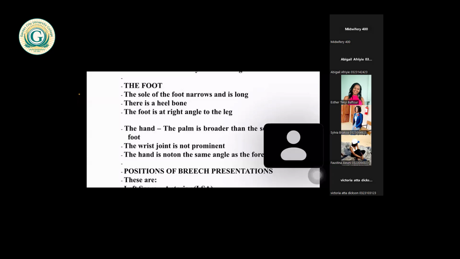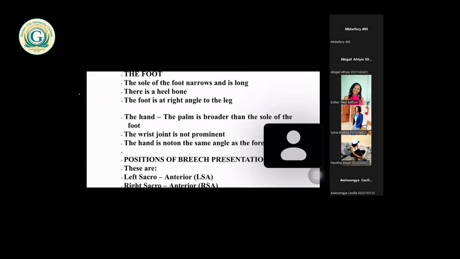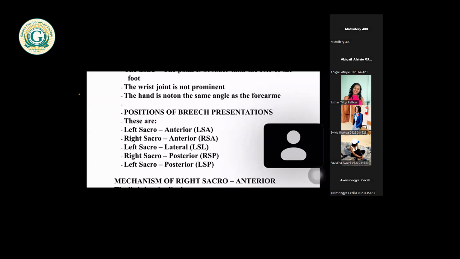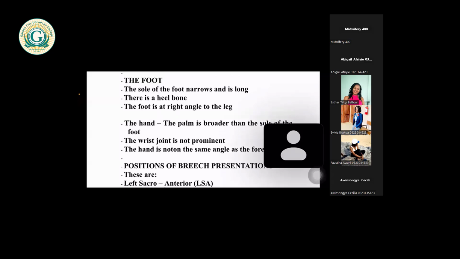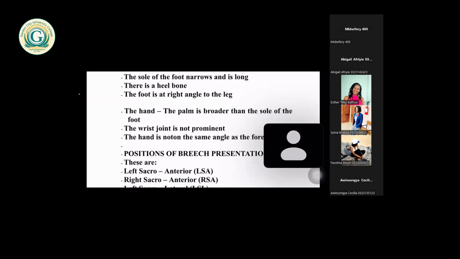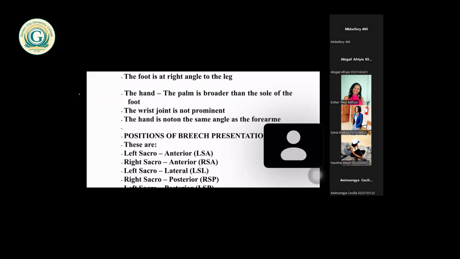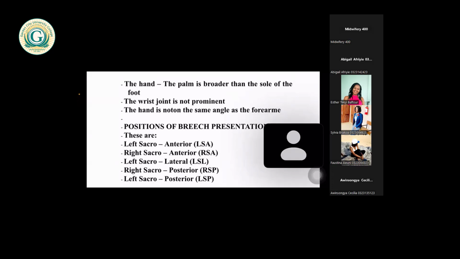It means the sacrum is pointing to the left side of the mother. Please, can you be clearer? Okay, it means the sacrum, the presenting part, is pointed to the left side of the mother's pelvis. Okay. What of the right one? The right sacral anterior. It's vice versa. That one is pointing to the right side of the mother's pelvis.